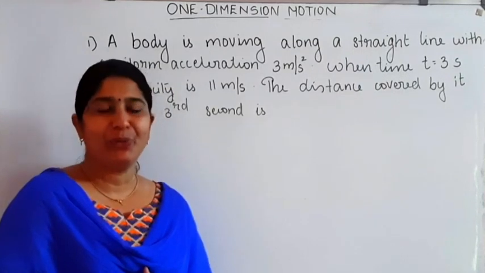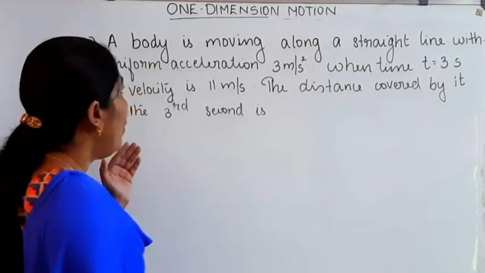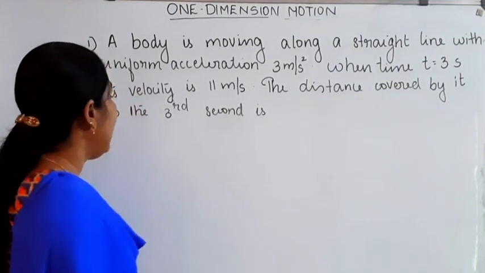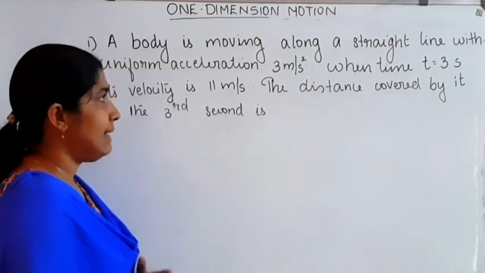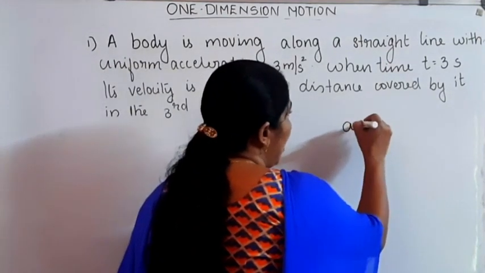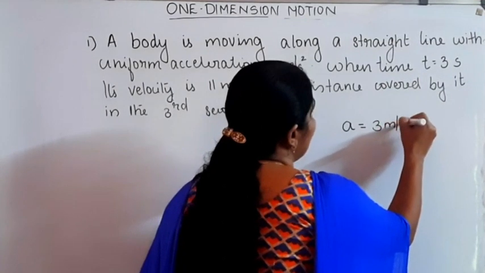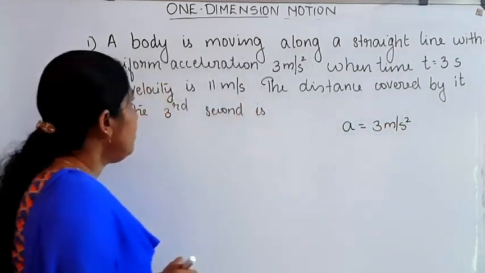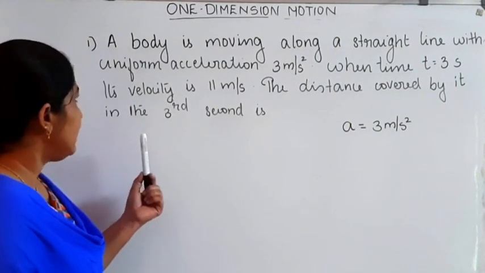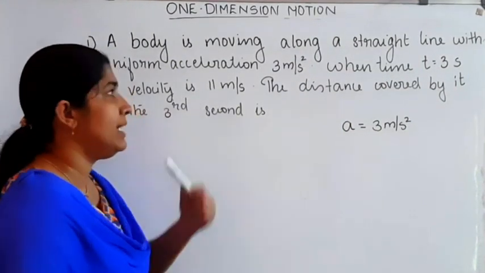Now we can go through the problems. Our first question: a body is moving along a straight line with a uniform acceleration. The acceleration of the body is given as 3 meter per second square. When time t is equal to 3 seconds, its velocity is 11 meter per second.